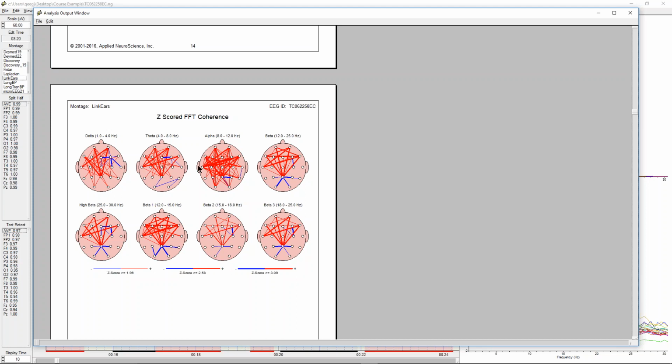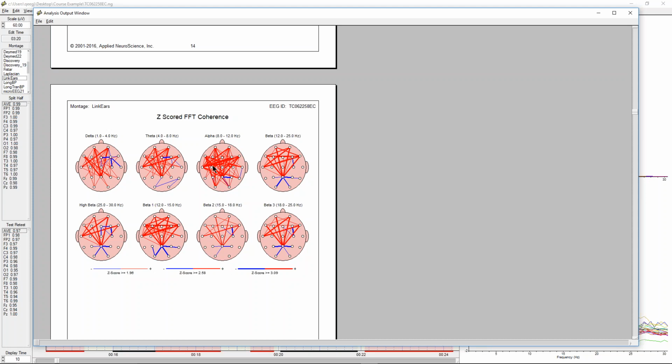We can see some laterality going from the right anterior frontal, lateral frontal area to the left temporal area, kind of a possible coup contrecoup sort of effect, again, which corresponds with history. It's kind of hard to see because you've got so many lines in here, there's so much deviation. The red lines represent hypercoherence and the blue lines represent hypocoherence.